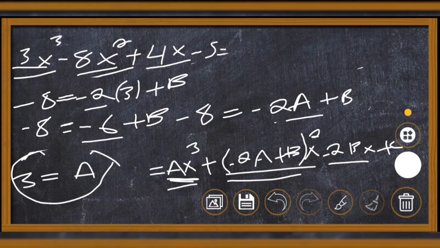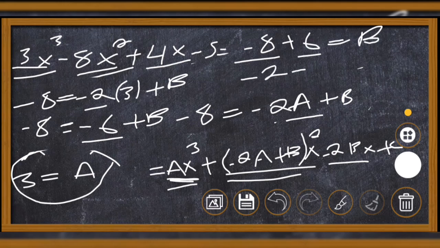So we are going to have negative 8 added to 6 equals b. So what's negative 8 plus 6? It's negative 2 equals b. So our value of b is negative 2.